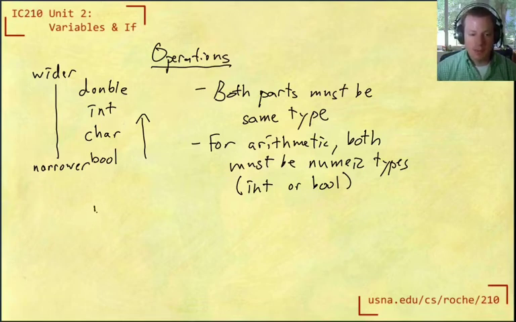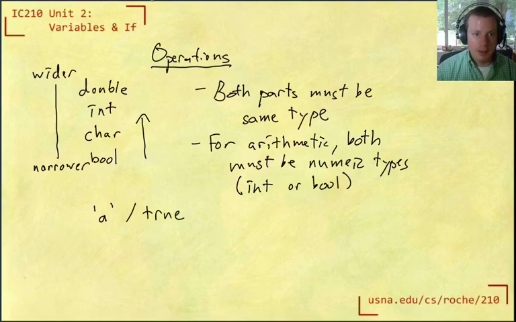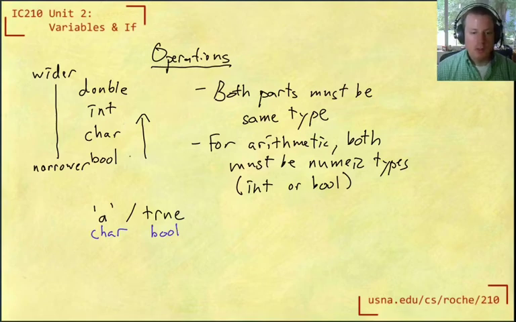So for example, if I said the letter A divided by true, that seems bizarre. I don't know why we'd want to do that, but we can write that and that'll compile. And what does it mean? Well, A is a char and true is a bool. So we need to go up until we get to a point where they can both be the same and both be a numeric type.